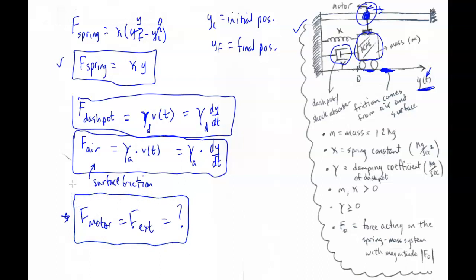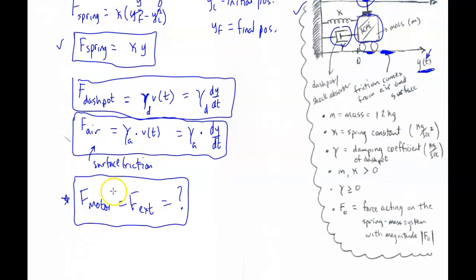If we look at a system of forces, everything's going to have to balance out. So we know that our total force, which I'm going to call Ft here, is going to be a sum of the force from my dash pot, the force from the air, and remember we're assuming the force from air also includes the surface friction, just to make the model easier.